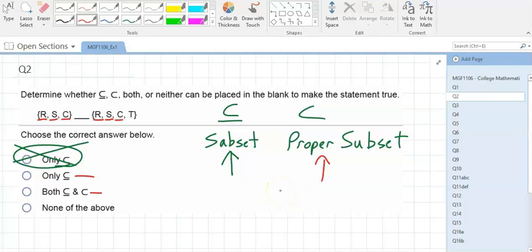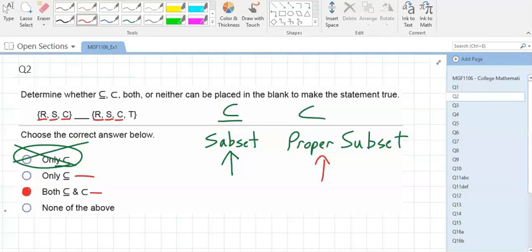Because again, to be a proper subset, you cannot be equal. If they were equal, that means you would not be proper. So our answer is both. Because it is a subset to begin with, and it's not equal, which makes it proper. Okay?